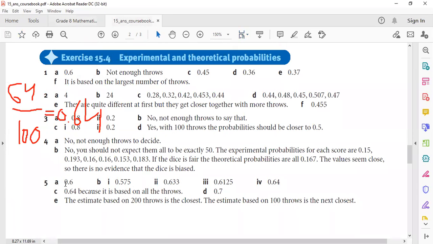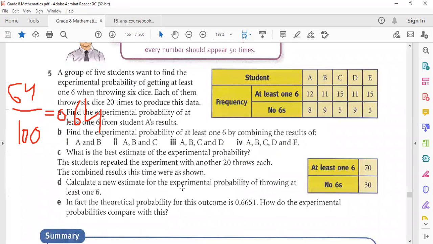So you will get your answer, that is equal to, sorry, 0.23 divided by 64 because we are talking about only the at least one six of A. Okay, so you will get your answer that is equal to 0.57, same as it is like that, A B C. Okay, so you always divide with this number, 64, and here is 23. Okay, so same like this you need to solve the rest of them.